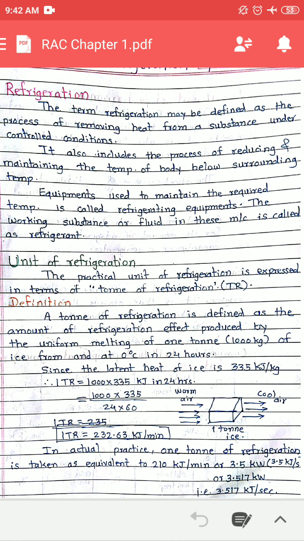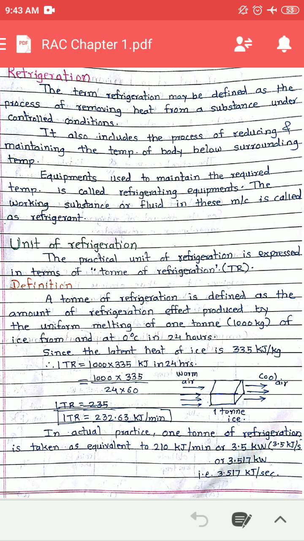The working fluid which is used in refrigerating equipments is called a refrigerant. The unit of refrigeration is the ton of refrigeration, denoted by TR. 1 TR is equal to the refrigeration effect produced by the uniform melting of 1 ton, that is 1000 kg, of ice from 0 degree Celsius in 24 hours.